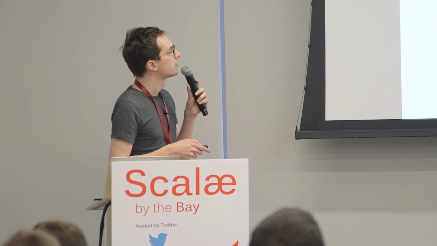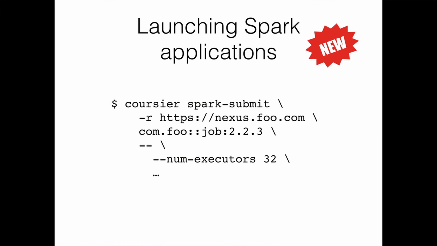So now we must add a few options for Spark. After 2 hyphens, we add options for Spark Submit. People who use Spark Submit should know them. We specify the number of machines we want, etc. And after 2 hyphens again, we can add arguments for our application.